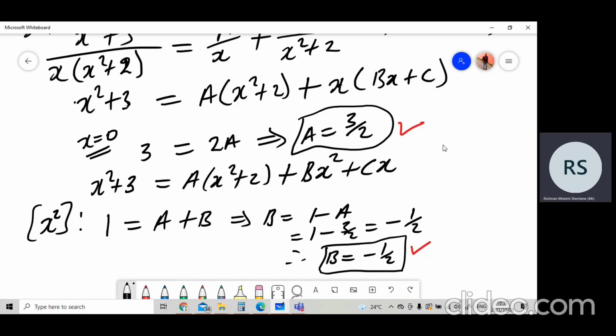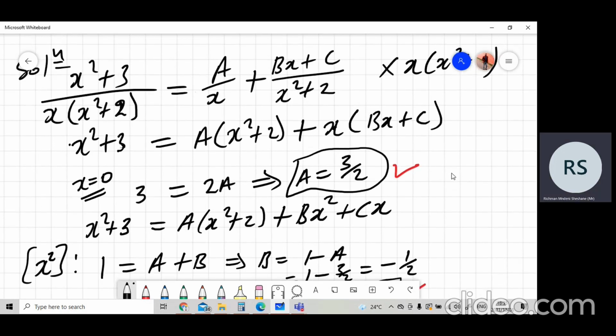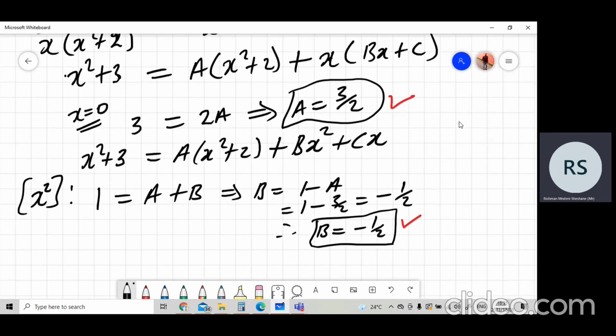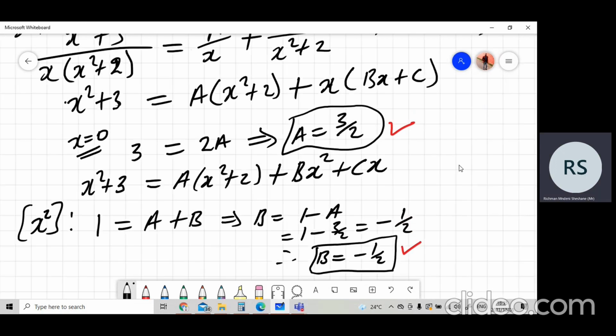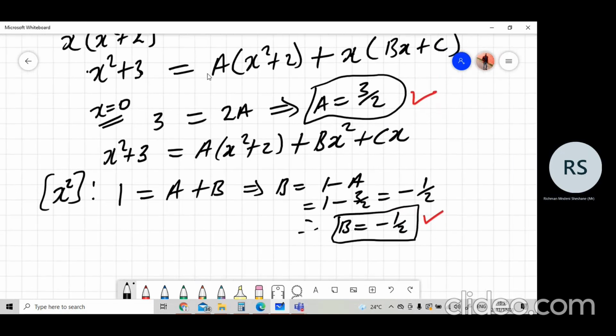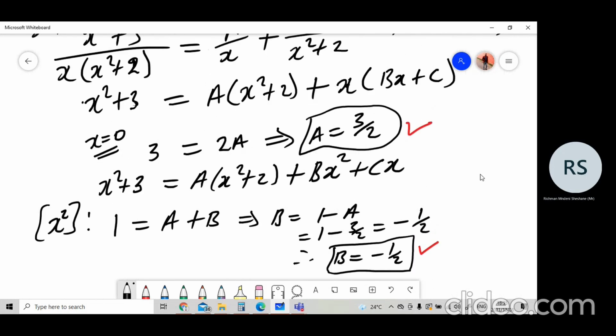I still need to find c from my expression here. I found a and b. I need c. So you need to equate the next power coefficient, which is x, the coefficient of x here and the coefficient of x here.